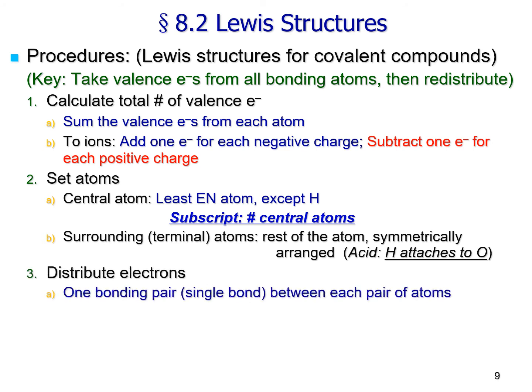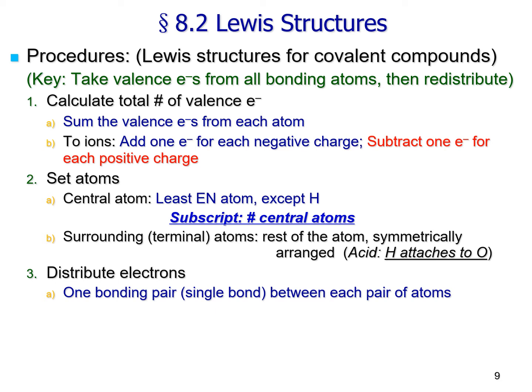So once we arrange those atoms, we give back those valence electrons. But we give the electrons back through certain steps. First step, we just give 1 bonding pair, a single bond, between each pair of atoms. Why?